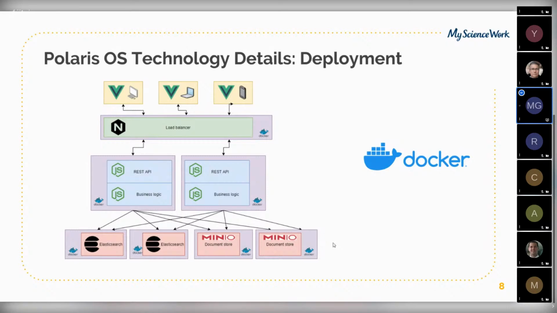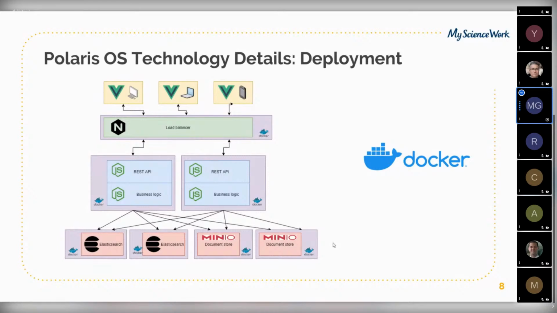we normally have 2, maybe 3. It depends on the workload we expect of Polaris OS. And it's in the same container where we have the business logic, which is the Node.js application, and from where we serve the Vue application. Vue is going to be executed on the client side, not on our servers, because it's a client technology.